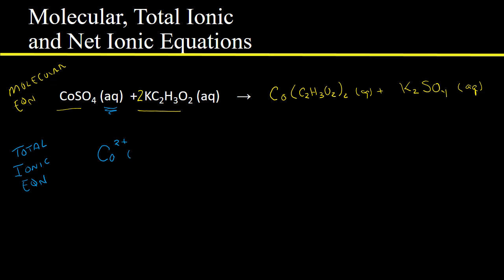So there's aqueous cobalt ions and aqueous sulfate ions. We're reacting that with potassium acetate, that's soluble, so that's going to give us potassium ions and acetate ions.